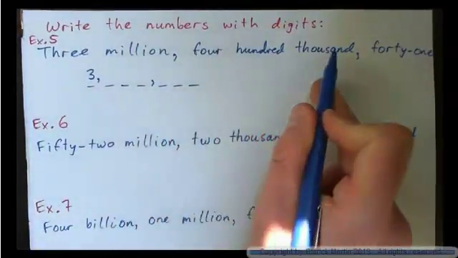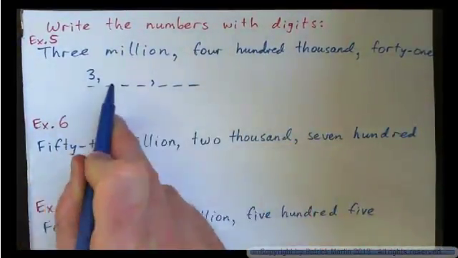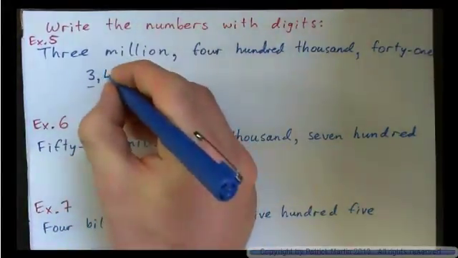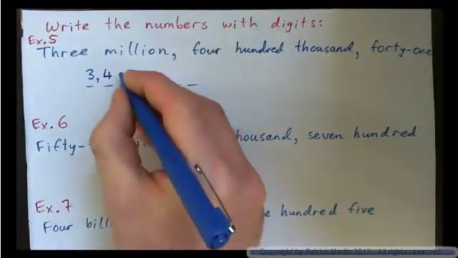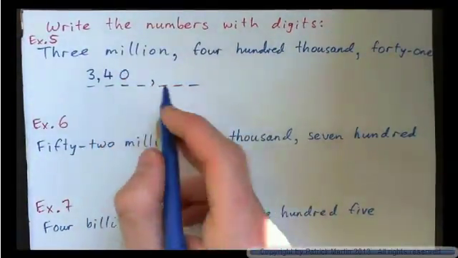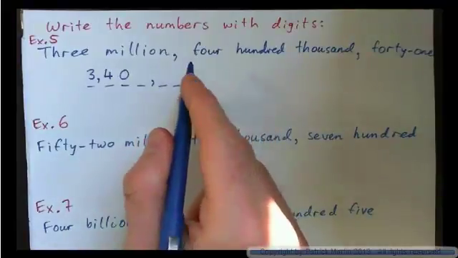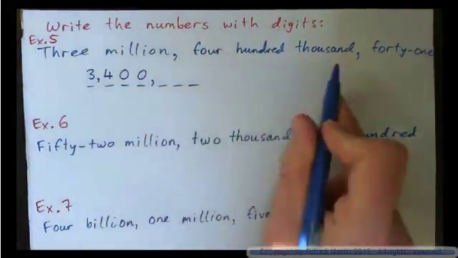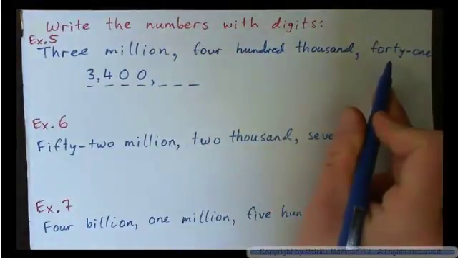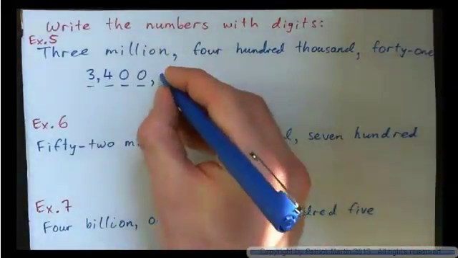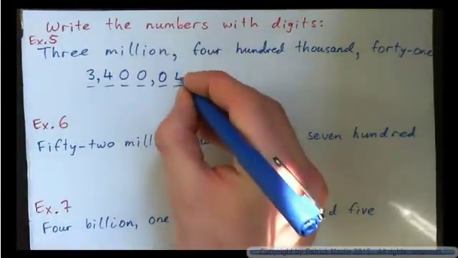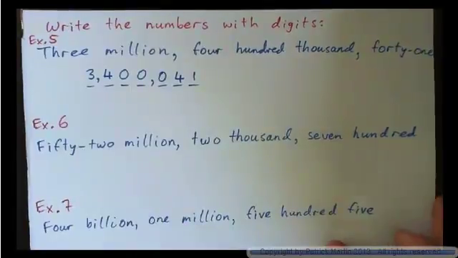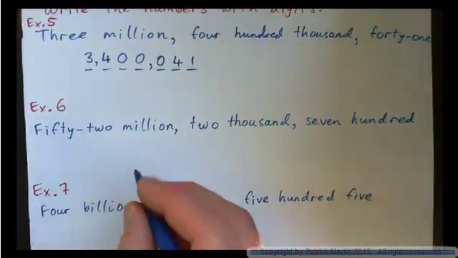So 400,000. Where's the 100,000 spot? 100,000 spot is there. This is 10,000s. We don't have any of those. Do we have any thousands? Nope. And do we have any hundreds? Because it just says 41 there, right? So no hundreds and 41. See that? So you can kind of put a space for each digit, a placeholder.